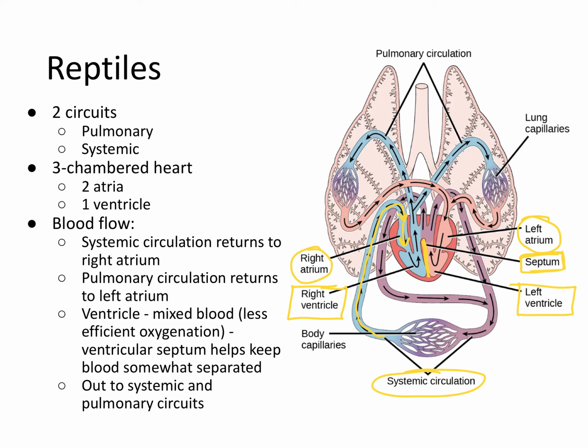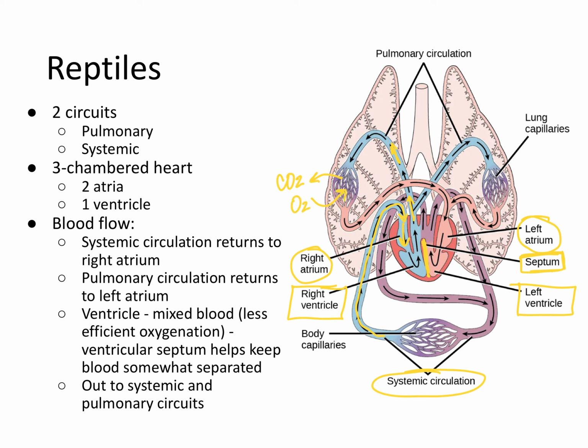So as you can see, the right side of the heart is going to then send out the deoxygenated blood through the pulmonary circulation, so to the lungs, where it's going to drop off carbon dioxide so it can be exhaled and take up oxygen.